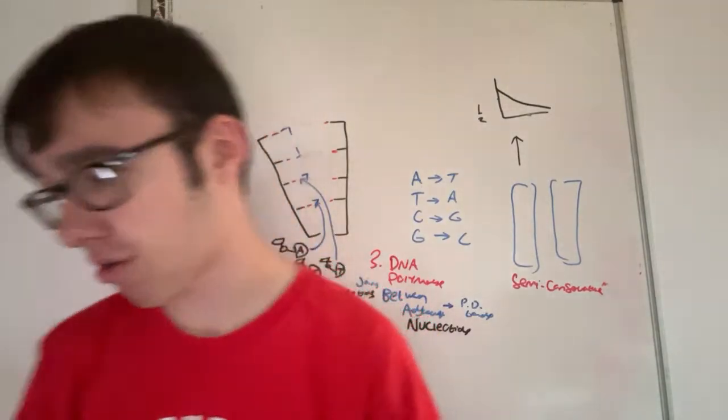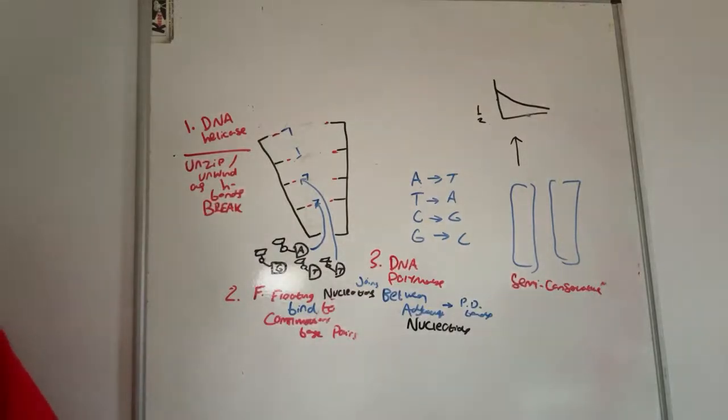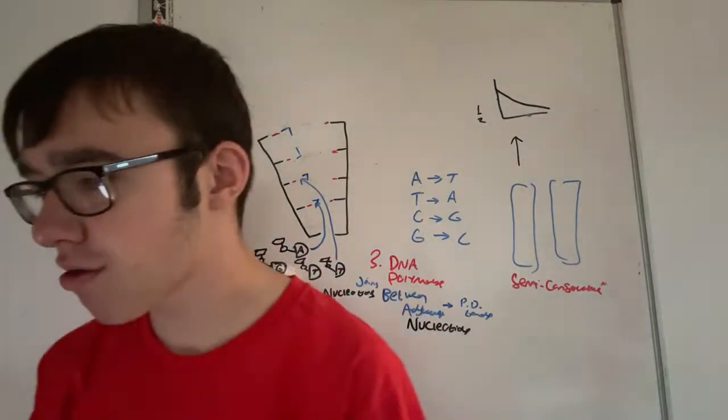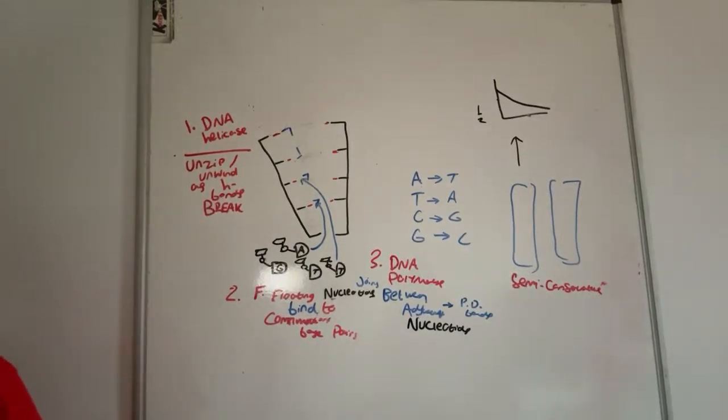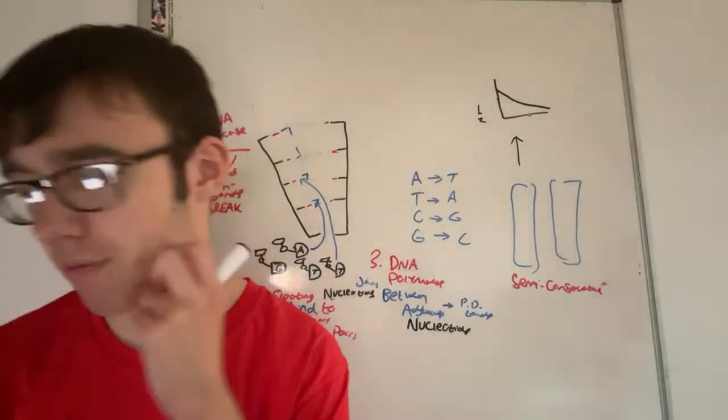That makes a lot more sense. DNA polymerase forms what kind of bond between adjacent nucleotides? That's going to be phosphodiester. During DNA replication, DNA polymerase forms bonds between adjacent nucleotides in the new strand being synthesized.